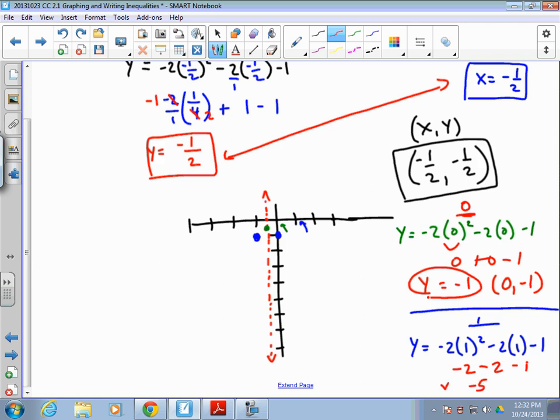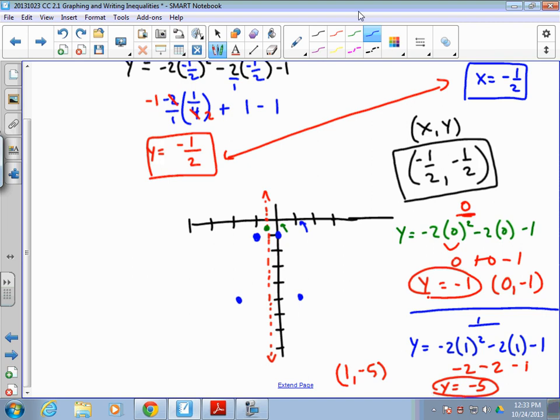So y's value when you plug in 1 is negative 5. Your ordered pair would be 1, negative 5. You plot that last point at 1, negative 1, 2, 3, 4, 5. There is your last point. And mimic that one on the other side. Go one more unit of x to the left and go down to your y value of negative 5.